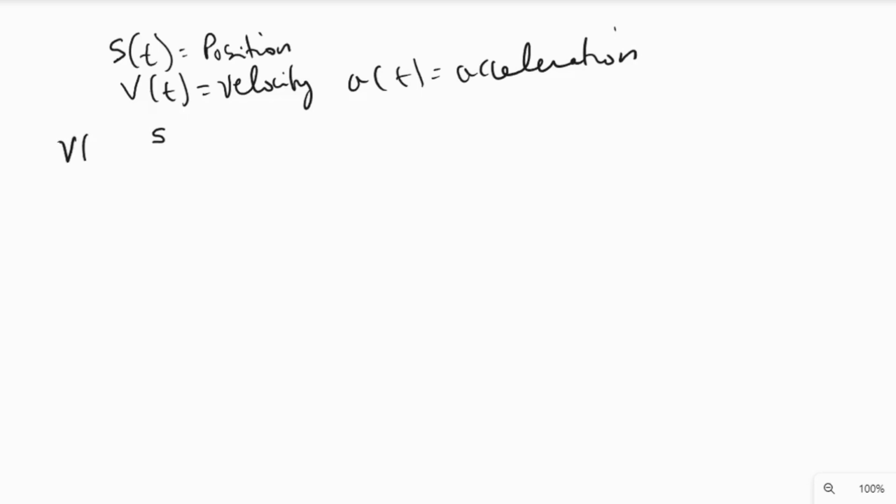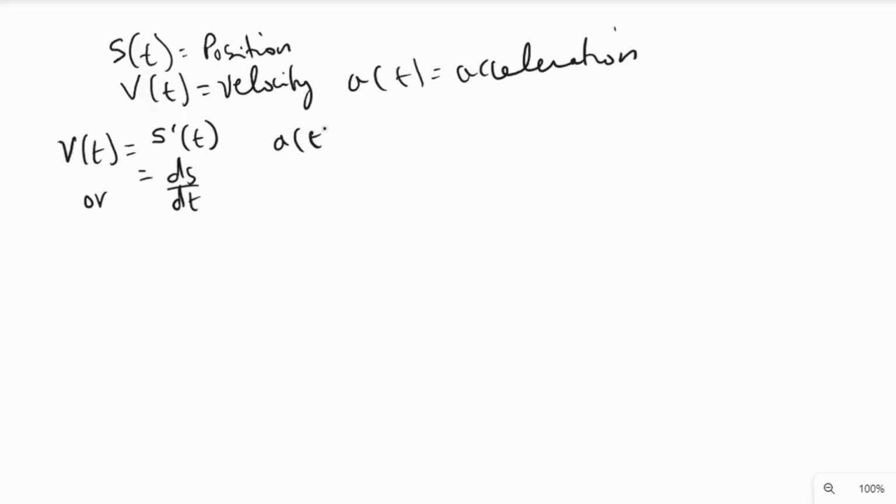velocity is always equal to S prime of t, which means the derivative of position, or ds/dt.